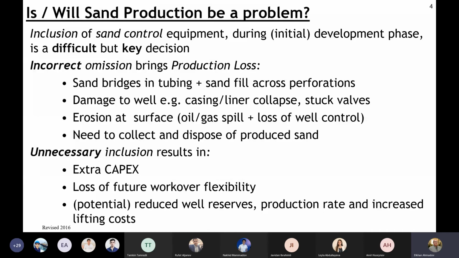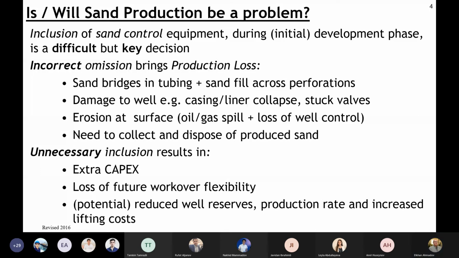Because omitting it or not installing it will bring some production losses through the causes or reasons that I just named, like sand plugging in the tubing or erosion of the well equipment and surface equipment, the disposal of this produced sand, etc.